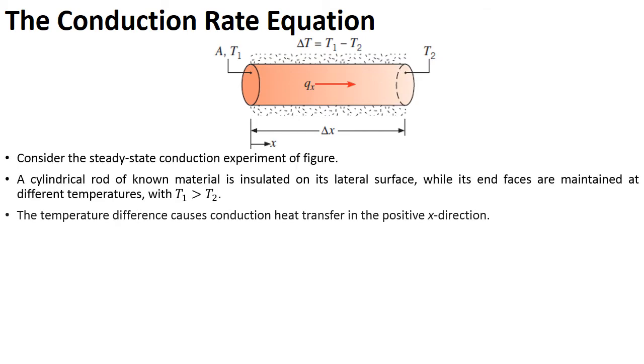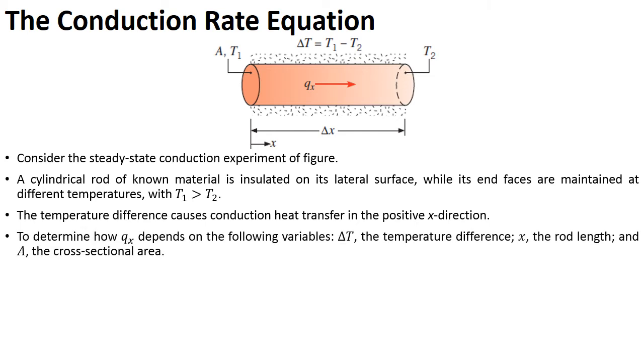Now we are going to check how heat transfer varies by varying temperature difference, length of the rod, and cross-sectional area. What is the dependence of heat transfer upon temperature difference, length of the rod, and cross-sectional area?